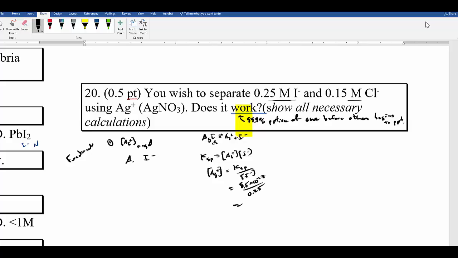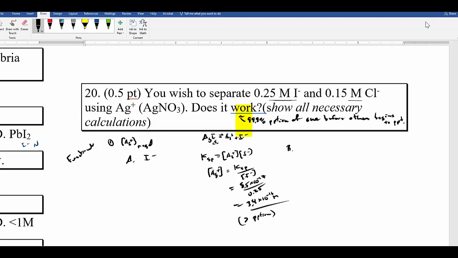So 8.5 times 10 to the minus 17 divided by 0.25 is 3.4 times 10 to the minus 16 molar. So that's enough to saturate it. If I exceed this amount, then I have precipitation.